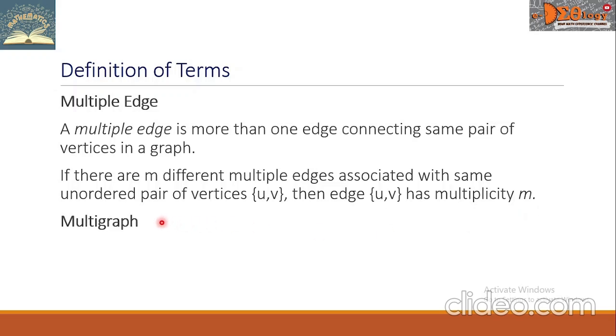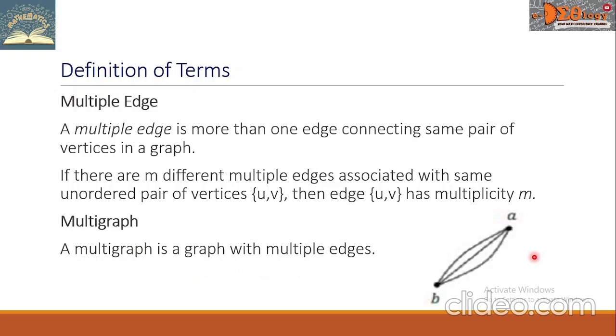Let's define multigraph. A multigraph is a graph with multiple edges. We have a graph in here as an example with vertices A and B. We have three edges connecting A and B. So multiplicity here is 3. Next term is loop.